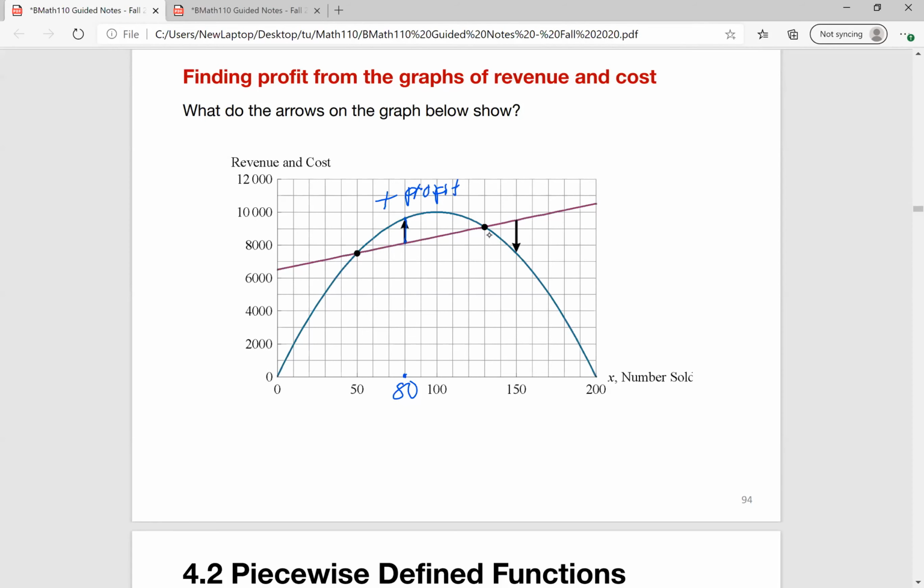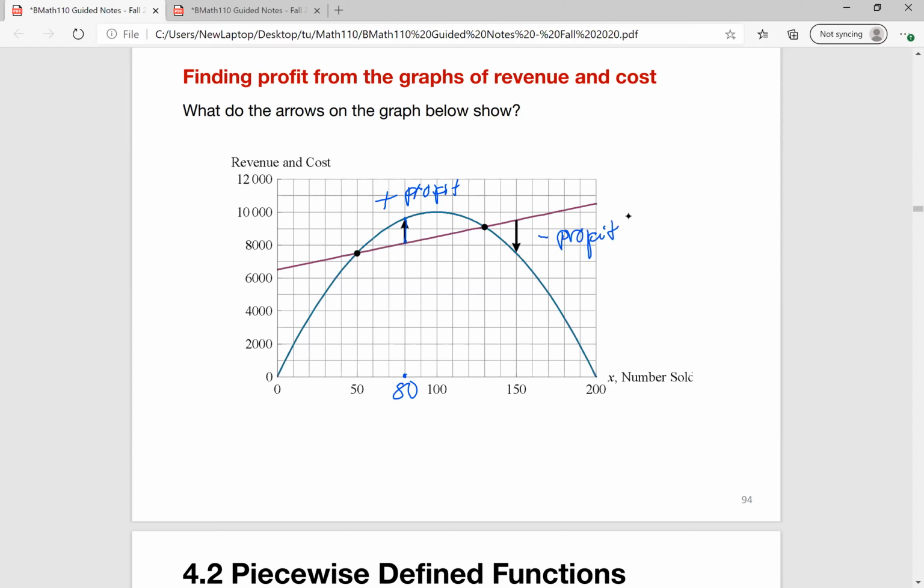And if you go up to 150, say x equal to 150, then you have a negative profit. Negative profit because of why?